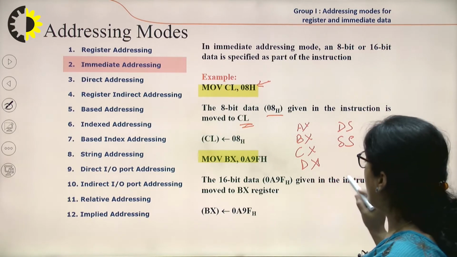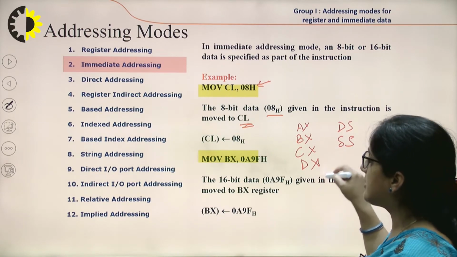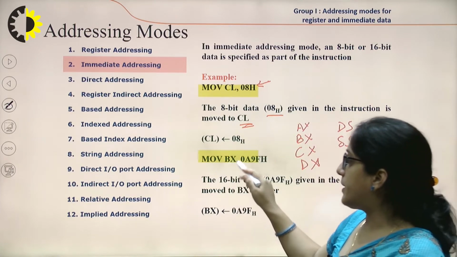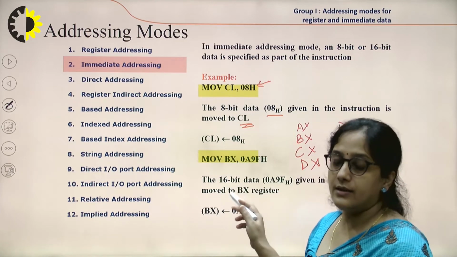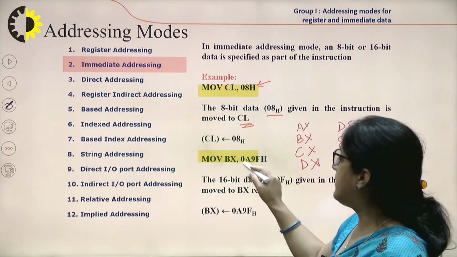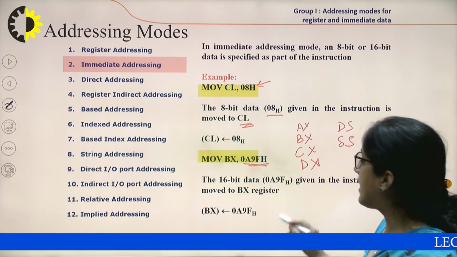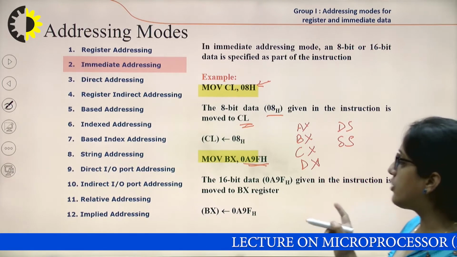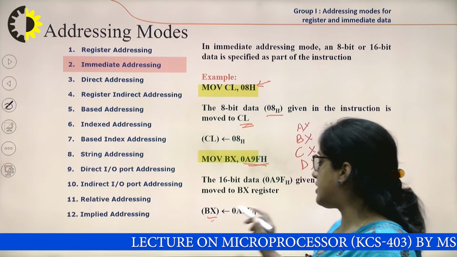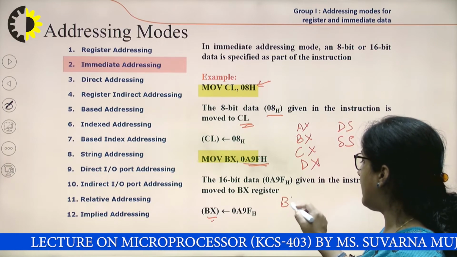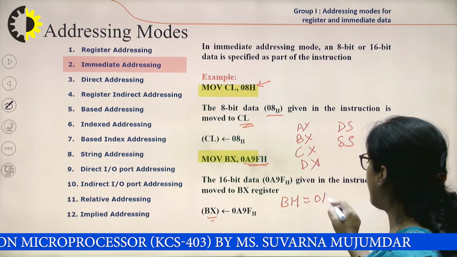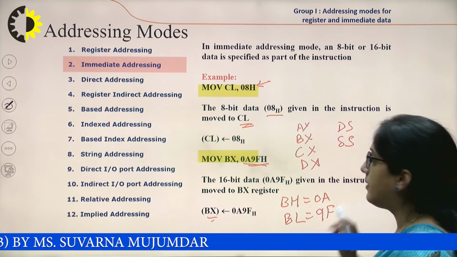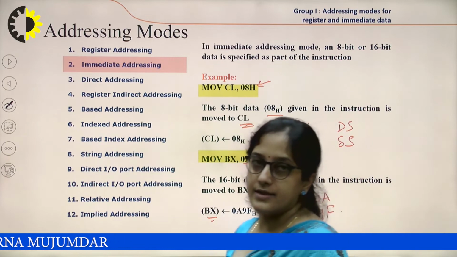When we have to initialize all these registers, we use this instruction: MOV, that particular 16-bit register, comma, immediate data. Here in this case 0A9F is the data which we are going to store in the BX register. So BH gets the value 0A and BL will have the value 9F. This is the immediate addressing.